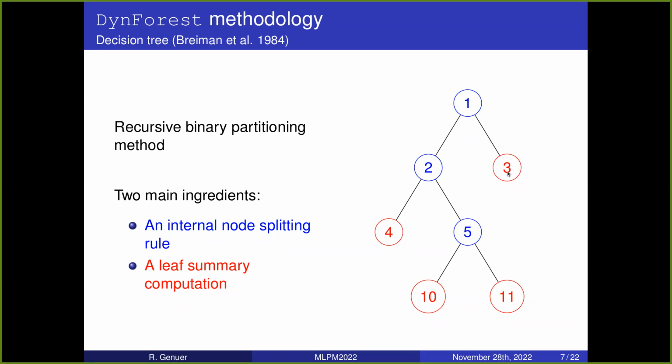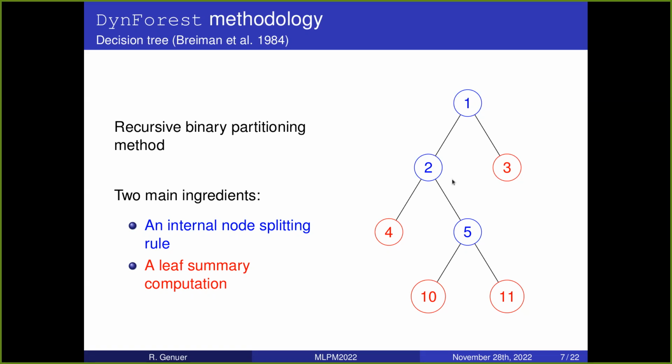When you are looking for the best way to separate your node into the two child nodes, you actually optimize a criterion, and the criterion that you want to optimize is associated with your prediction problem. So for example, if you are in a regression, so you have an outcome which is just one quantitative variable, you will want the variance of the outcome to be as small as possible in your two child nodes.